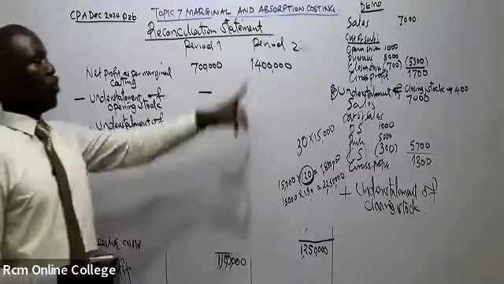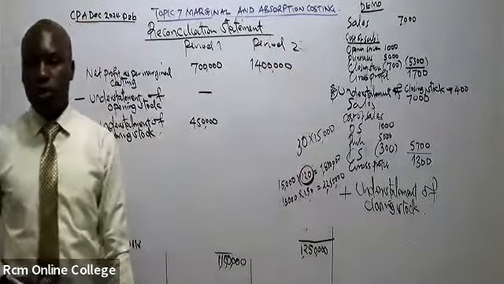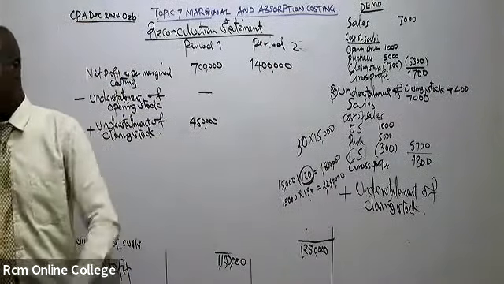Now, let us go to period 2. Do we have opening stock in period 2? And how many units? The 15,000 units that we have as closing stock in period 1.